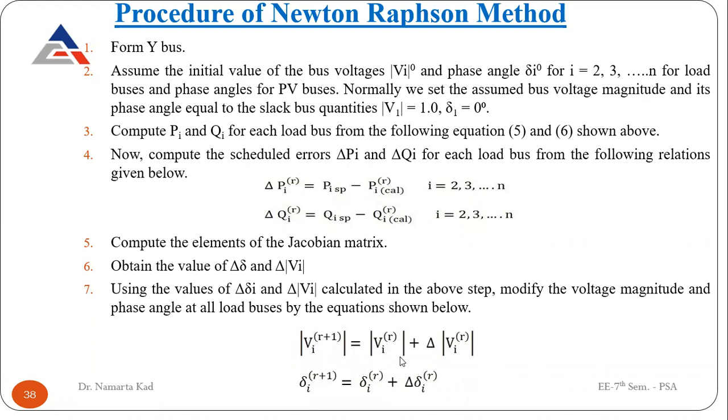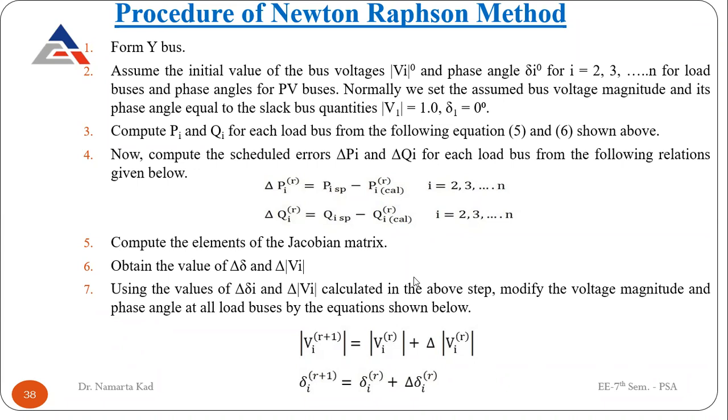Like we have already done in the Gauss-Seidel method, where we modified using the acceleration factor in one of the numericals, here we modify for the next iteration: the voltage value at the previous iteration plus the delta value. Similarly for the phase angle, the value in the current iteration equals the phase angle in the previous iteration plus the delta value calculated here.